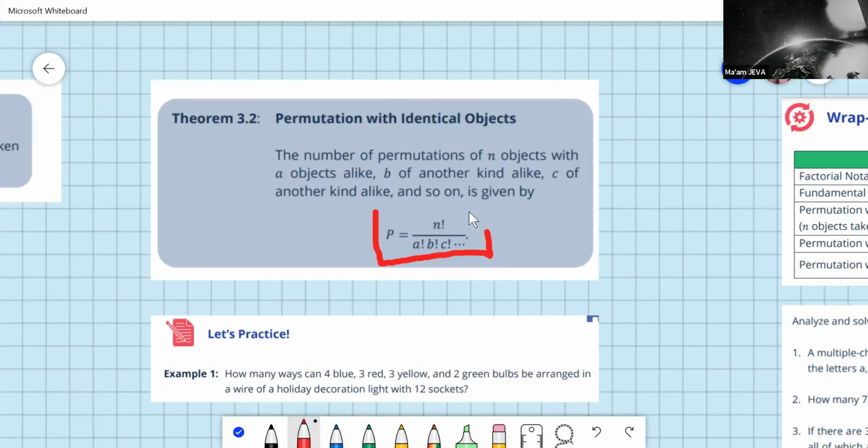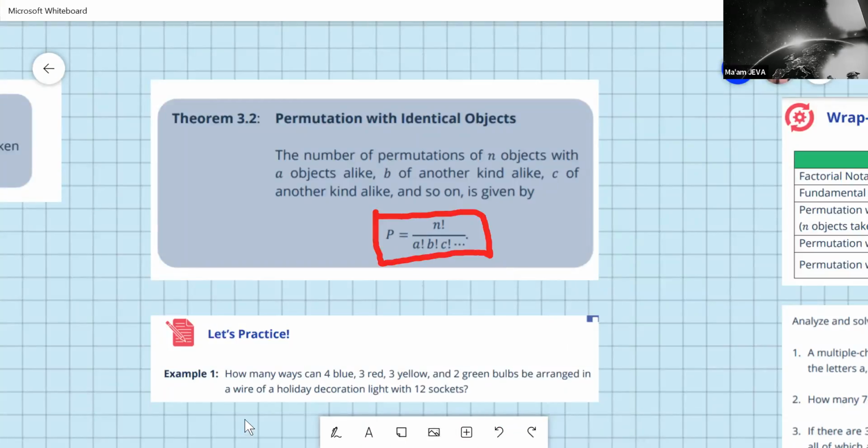Please take note. We will appreciate this formula when we have an example, so let's have an example.